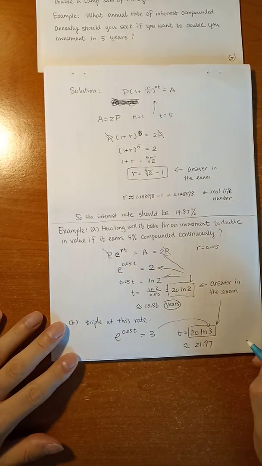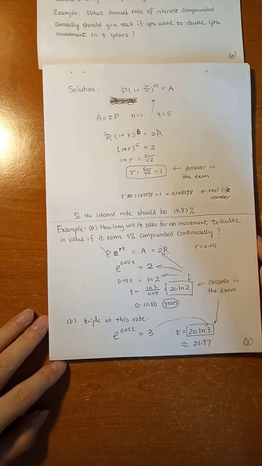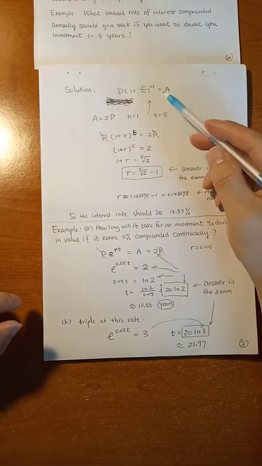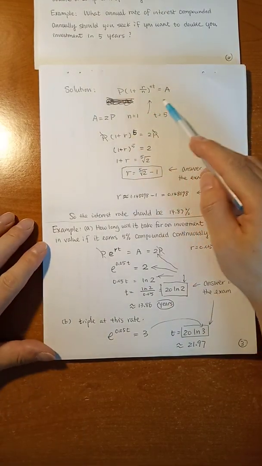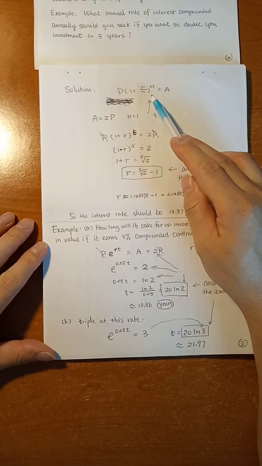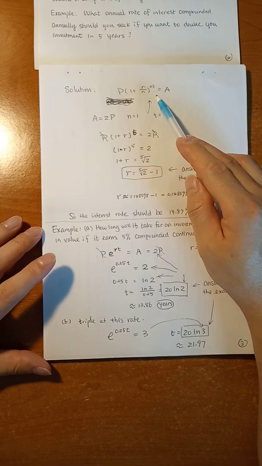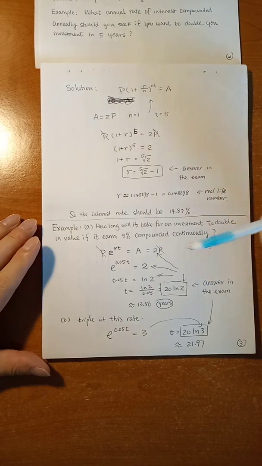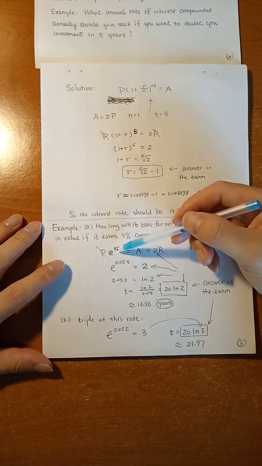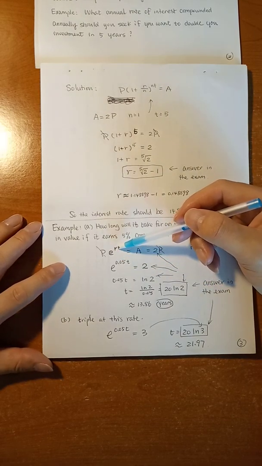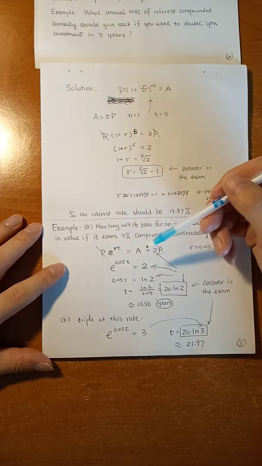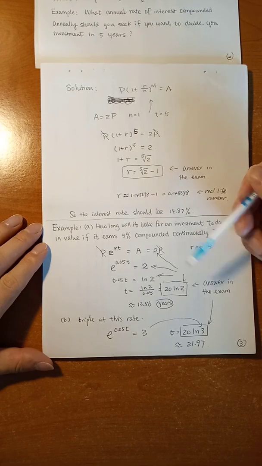Okay, so the last two computations depend on the application of the same formula, either compounded n times or compounded continuously. This is compounded continuously. If it is with P, you multiply with the rt or the nt. If it is with A, it's a negative nt, negative rt.